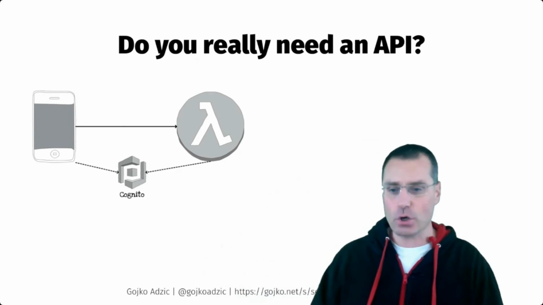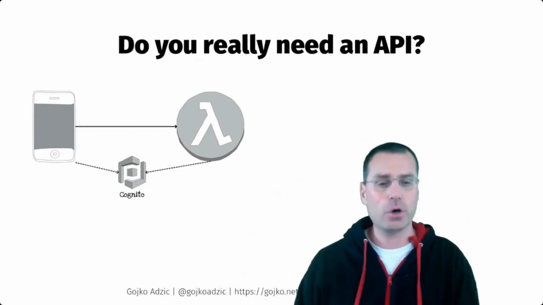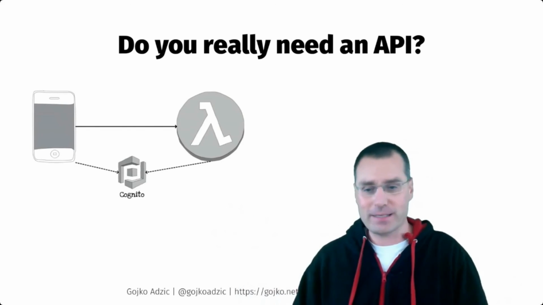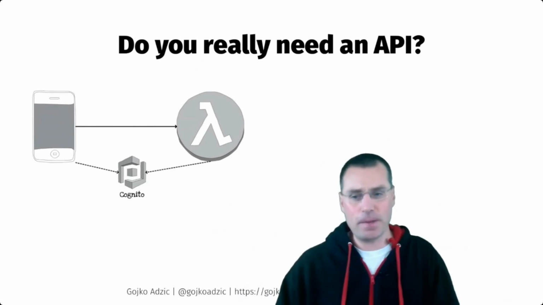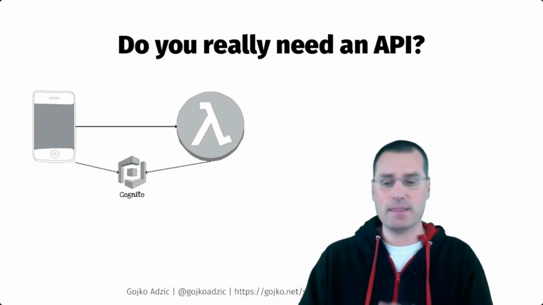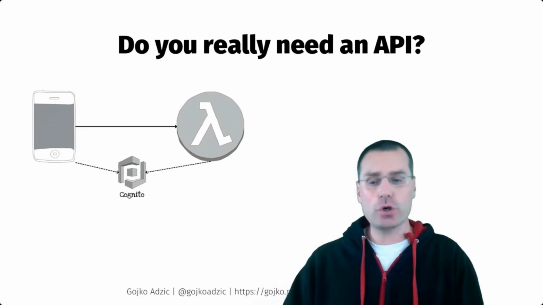So with Cognito, you can get an AWS SDK call on the client going directly to Lambda as a web request, avoiding a REST API. Of course, having REST APIs is good for third-party services and things like that. But if it's your service, your API, do you really need that?